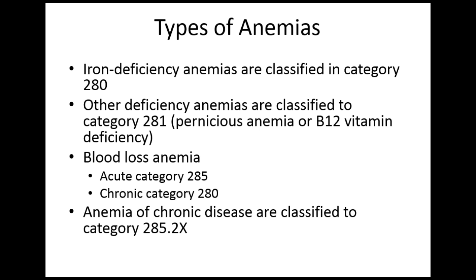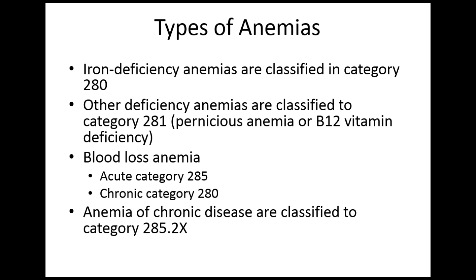Patients with chronic illnesses are often seen with anemia, which may be the result of a cause of the healthcare admission or encounter. Treatment is often directed at the anemia and not the underlying condition. Codes for this type of anemia are classified as follows: anemia in chronic kidney disease, 285.21, plus a code from category 585.